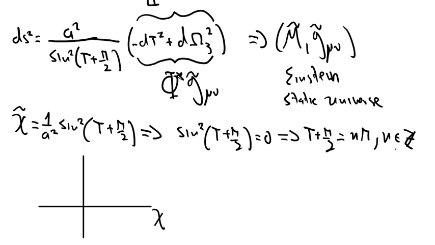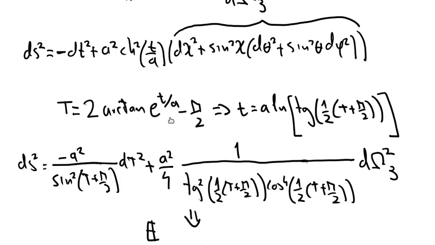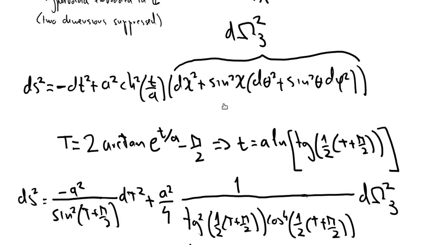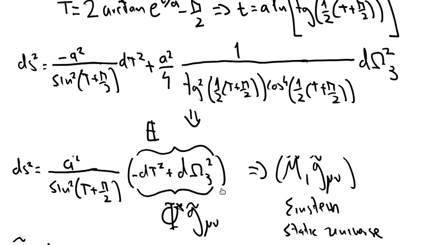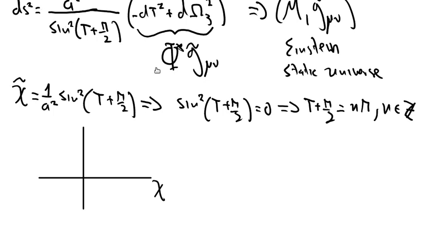Again, I am using chi for the chi function, and I'm using chi for a coordinate on the round 3 sphere. I hope that there's no confusion. You see that there's chi tilde, so there shouldn't be any confusion.